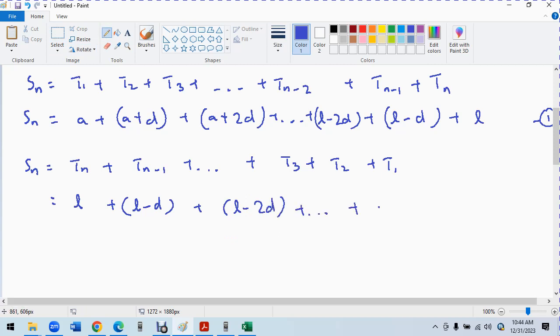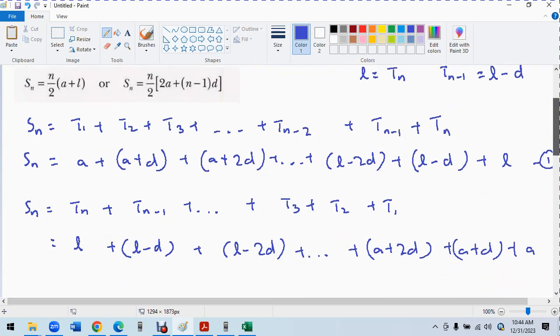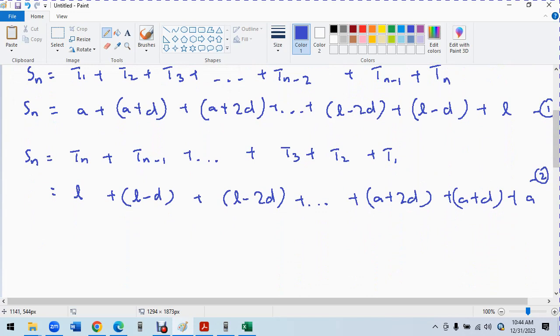And we have a plus 2d, a plus d, and a. So this one is the second equation.